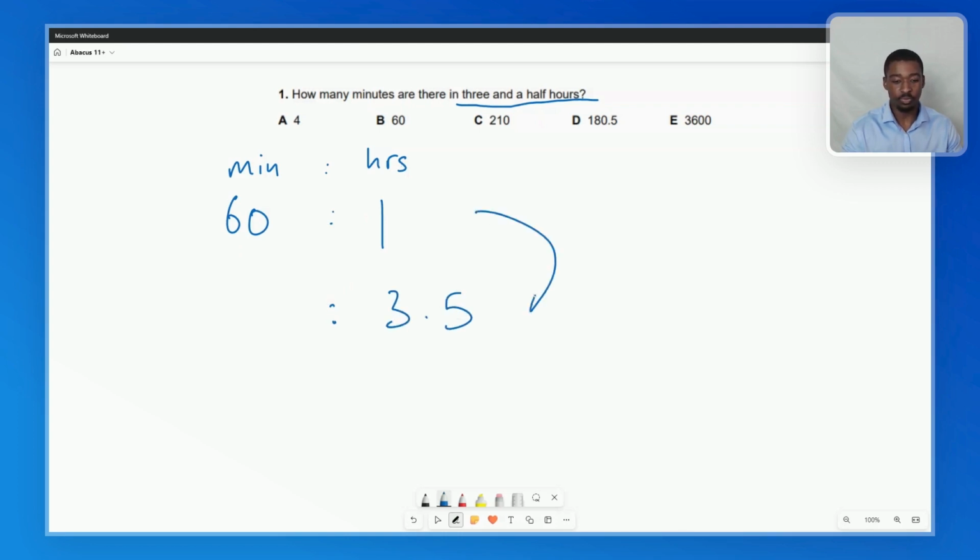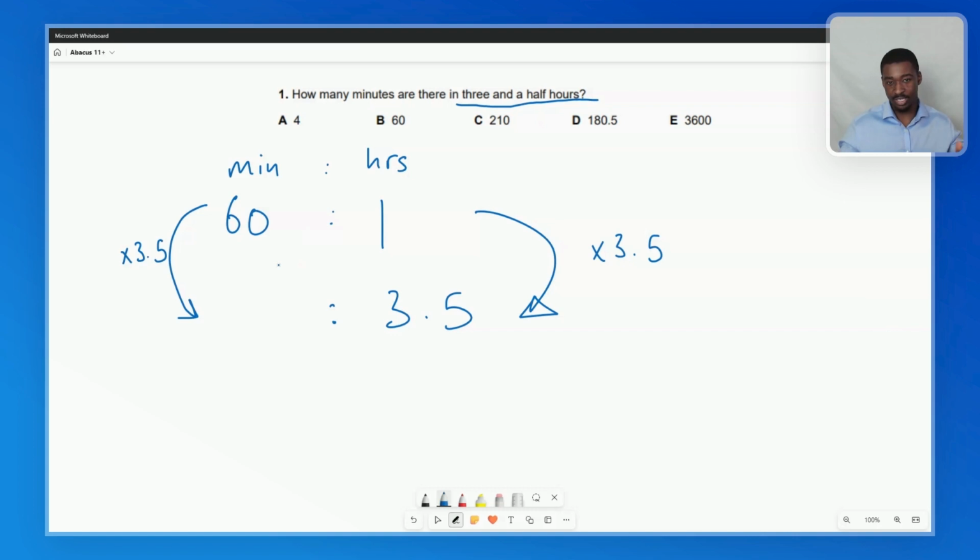So we can use this logic. Just as we're multiplying the hours column by 3.5, we can work out how many minutes this should be equal to by multiplying the minutes column by 3.5. So how do we do this? 60 times 3.5, well, 60 times 3 is 180, right?